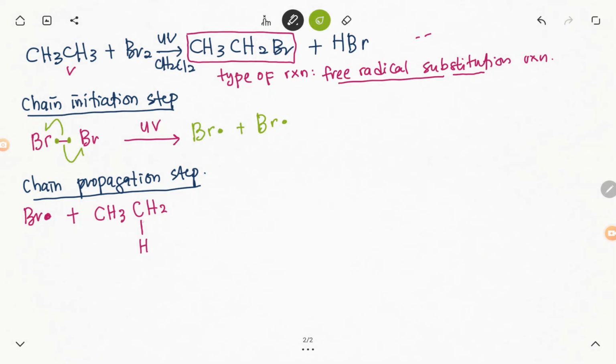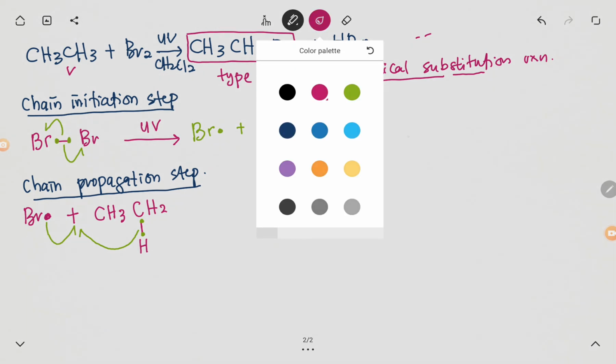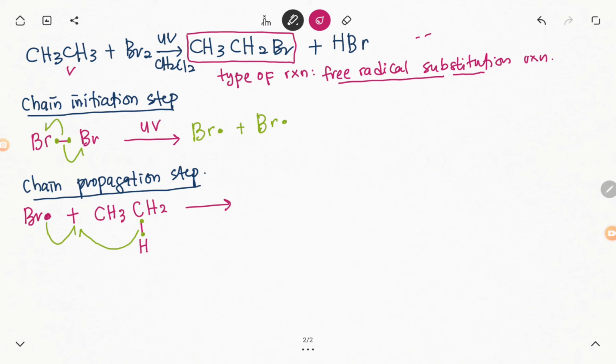What happened? The covalent bond breaks between carbon and hydrogen. One electron involved with the hydrogen atom will form a covalent bond with the bromine free radical. So you must use a half-headed arrow, and the arrows join together to form the final product, the H atom covalently bonded with the bromine atom.